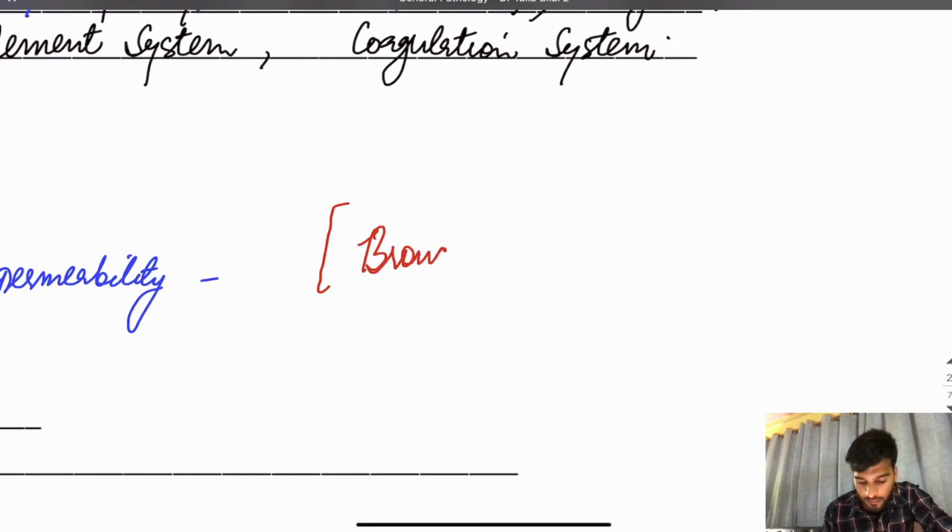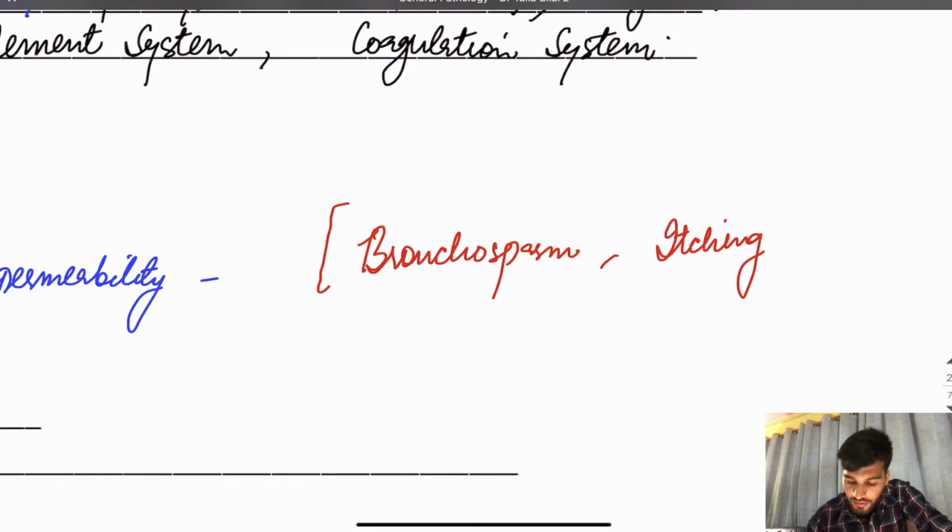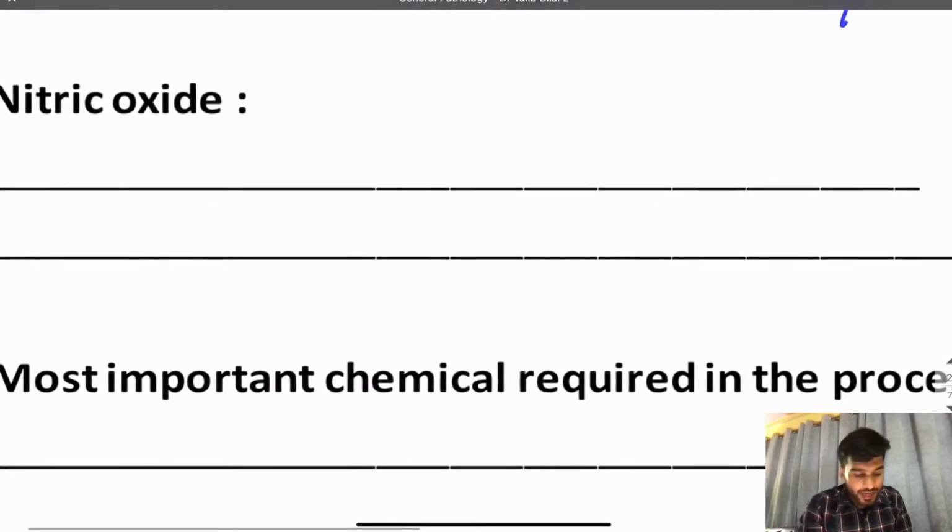Bronchospasm. Also itching. So for itching, what do we give? Mast cell stabilizers, antihistamines, we give a very good drug, blastine.